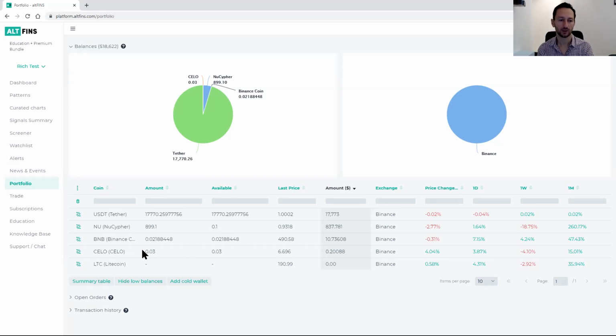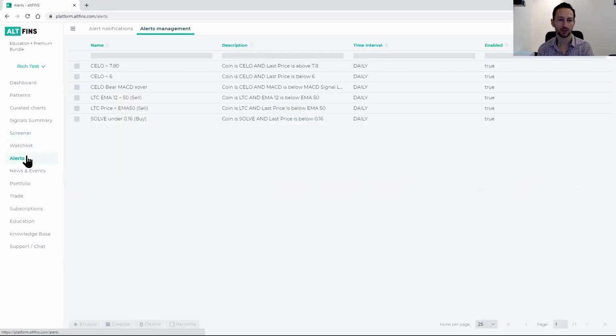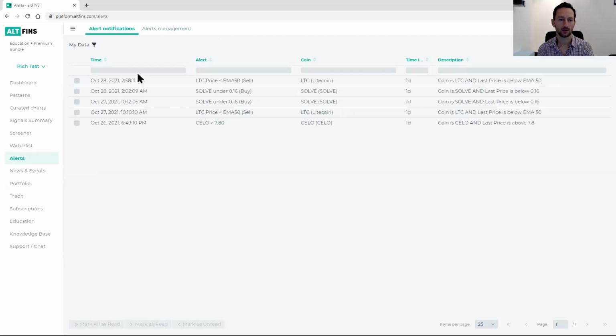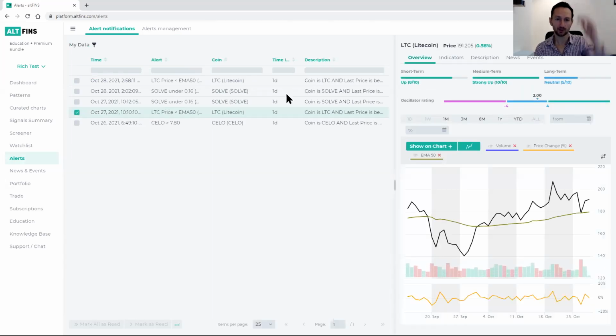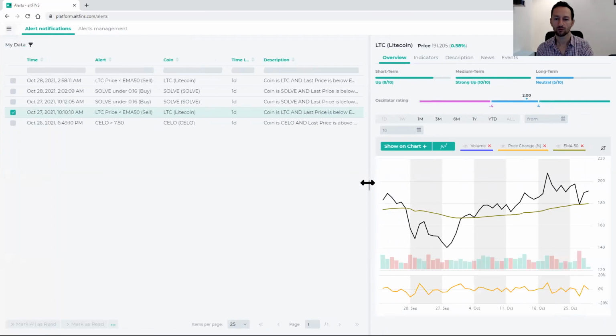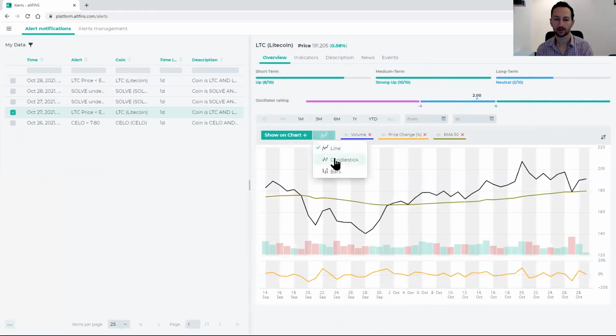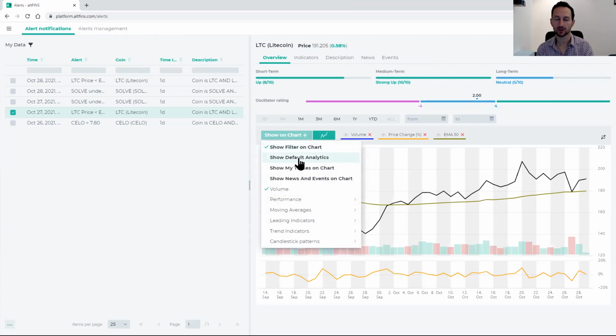That was Litecoin. And the reason we got involved, and let's go to alerts actually. A couple of days ago, I got an alert that the Litecoin price has dipped under exponential moving average 50, and that was my sell signal. The reason we got involved, that was a moving average crossover strategy from a couple of days ago in lesson 2, I believe.